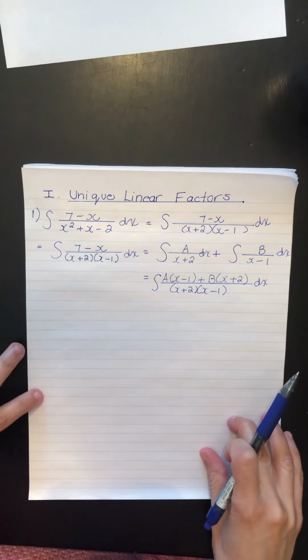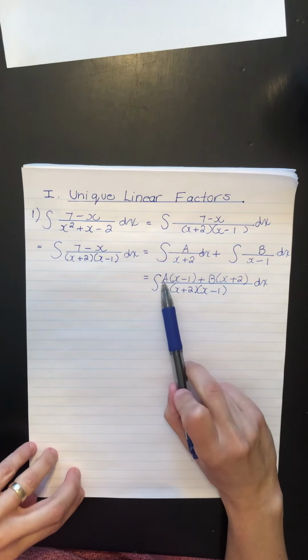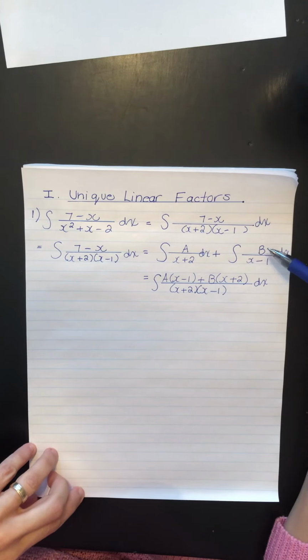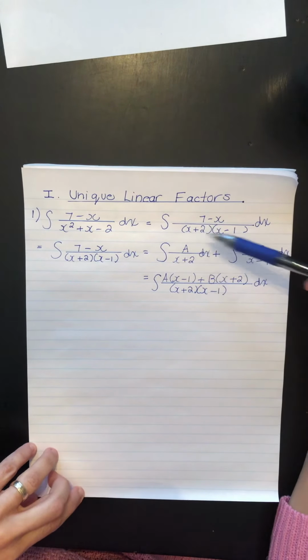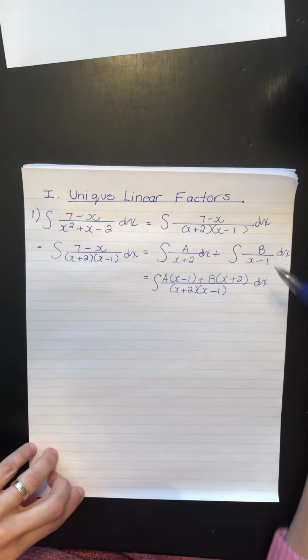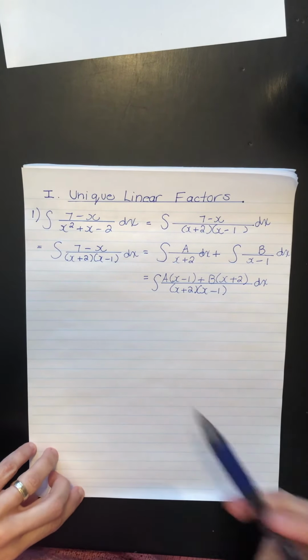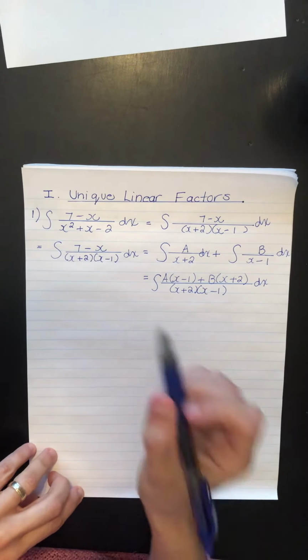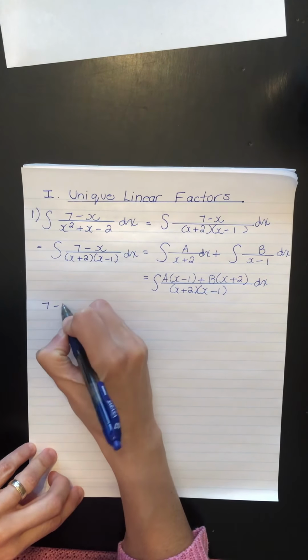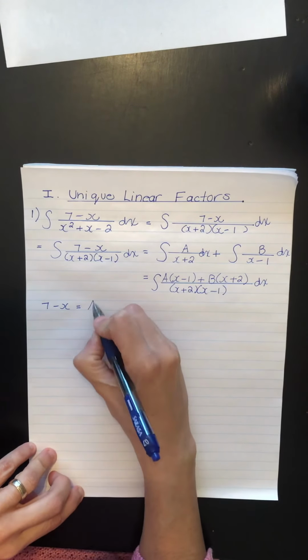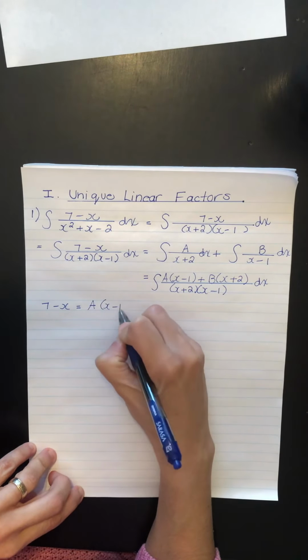Now, our objective is to work out values of A and of B. Because if we know those values here, each of these integrals is going to be a natural logarithm. How do we find those values? We take the original numerator, which is 7 minus x, and we set it equal to this numerator here.